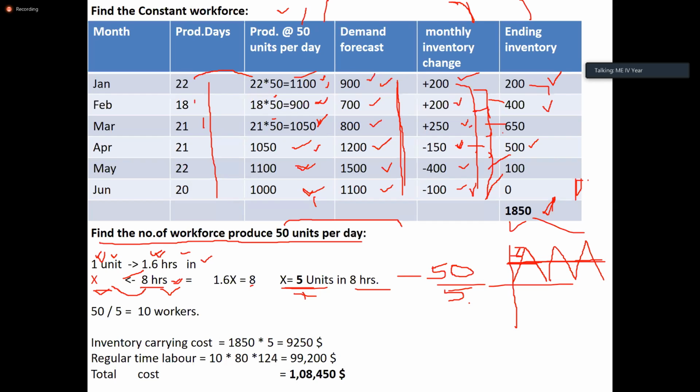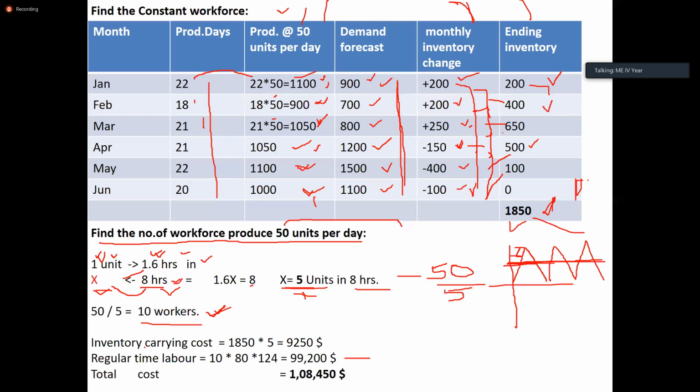From this you will get how many workers are needed to meet this daily production rate. So you will understand that 10 workers are needed. Once you get these workers, you know how much I need to pay per worker.